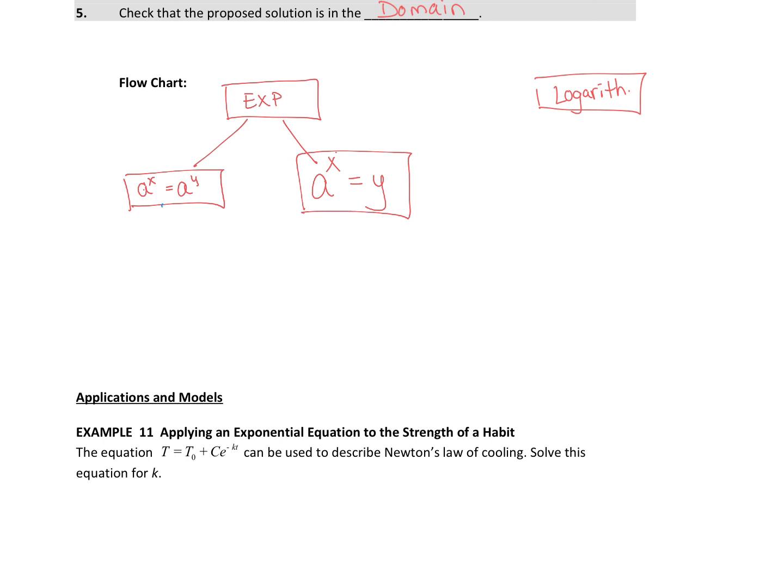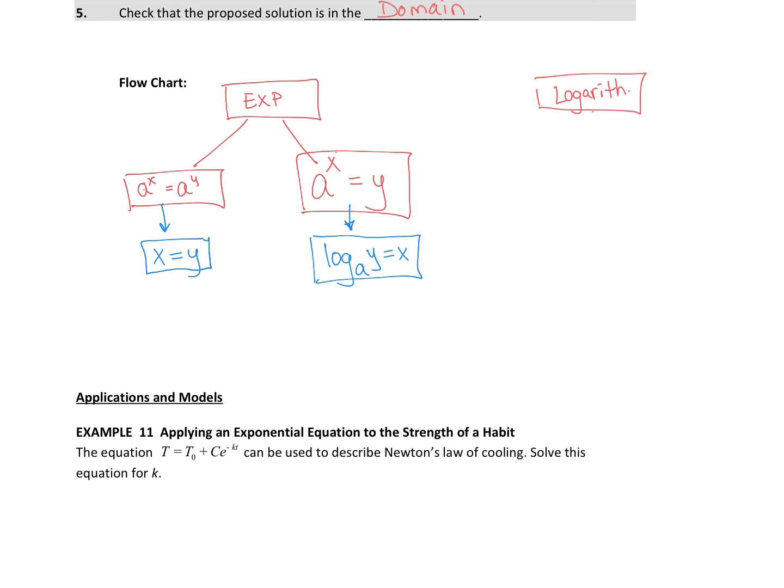If you have the first case, you just equate the exponents. So if the bases are the same, you just say x equals y. If you have an exponential equal to a number, then you're going to convert it to log form, and you're going to have log base a of y equals x.